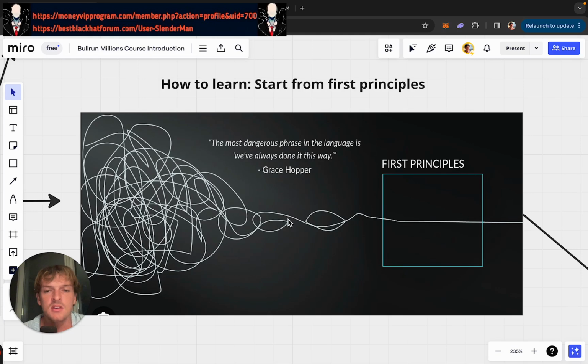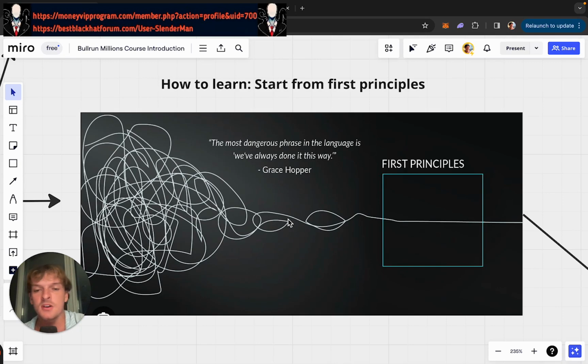If I try to teach you something, it might have multiple layers that must be understood for you to understand what I'm saying. But if I peel back the layers to just the first principle of what I'm trying to say, it's often a lot easier to understand things, and it's a much better frame to view things through.